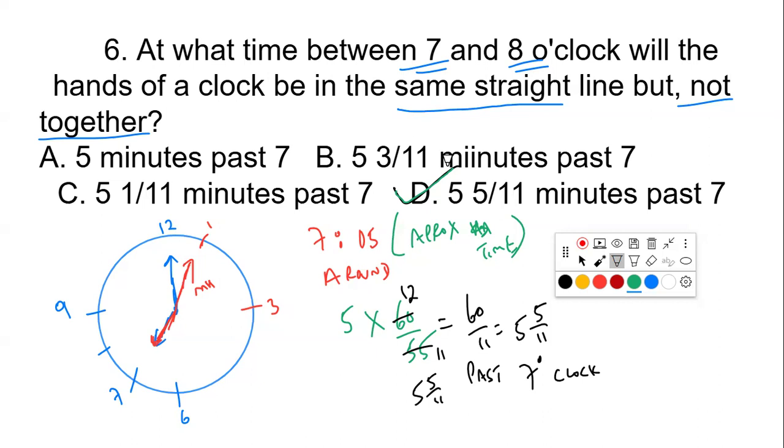This concept 60 by 55, there is a paragraph. I'll share the PDF once the class is over. It says, in 1 hour, the minute hand is moving by 60 minute spaces. Got it? In the same time, is the hour hand at the same place? No, it would have moved by 5 minute spaces.